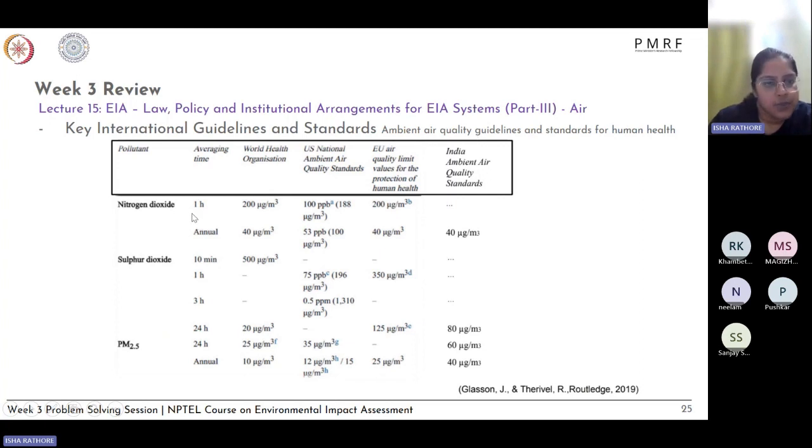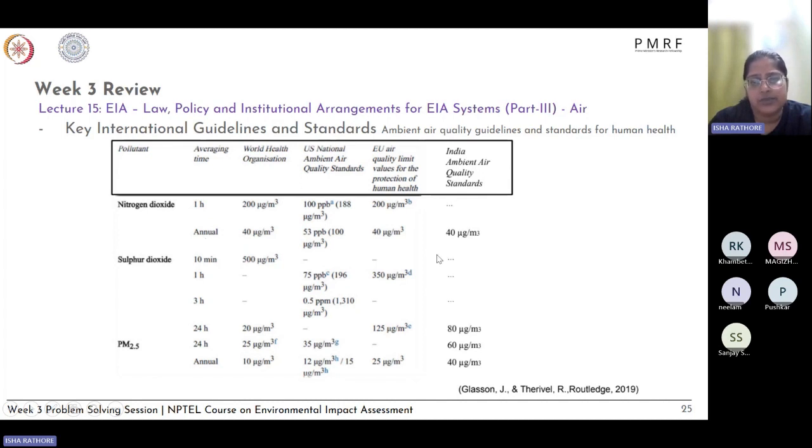So when the pollutant is measured for 1 hour, the World Health Organization suggests the pollutant content to be 200 microgram per meter cube, whereas for the US it's 100 ppb or 118 microgram per meter cube, and for the EU it is 200 microgram per meter cube. In India, we don't do this 1 hour based measurement.